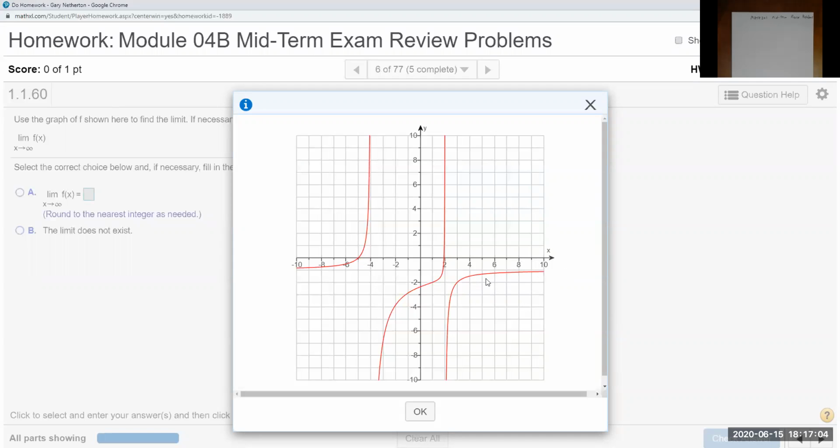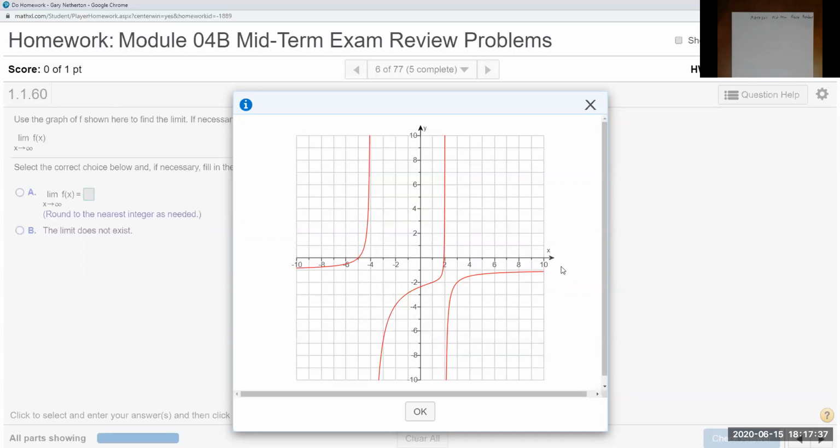And what's the value of the function? What's the value on the y-axis at this line? Looks like it's -1. So in other words, as x gets really large, and here they only give us a graph up to x equals 10, that's not very big. If they had made this graph and I could look at x equals 100, it would be even more obvious. But I can sort of tell that my graph is getting closer and closer to -1 as x gets bigger.